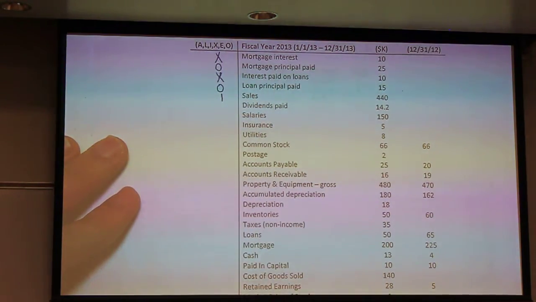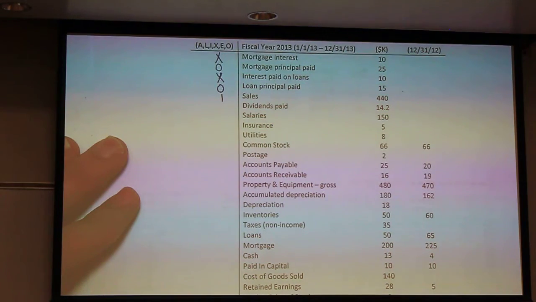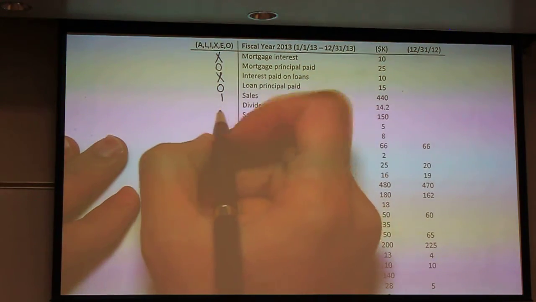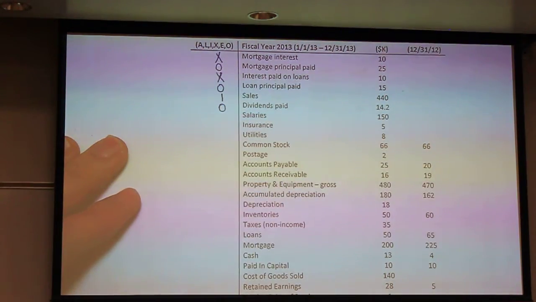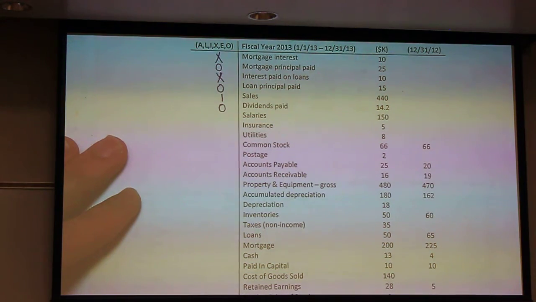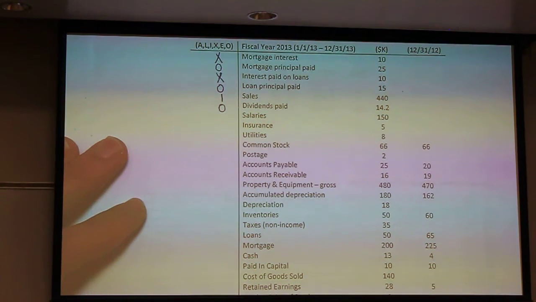Dividends are deducted from net income to calculate the retained earnings, right? So this is other. Salaries, X. We are paying salaries. It's an expense.